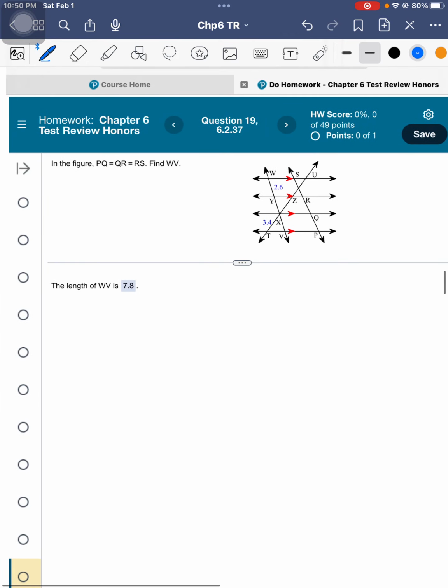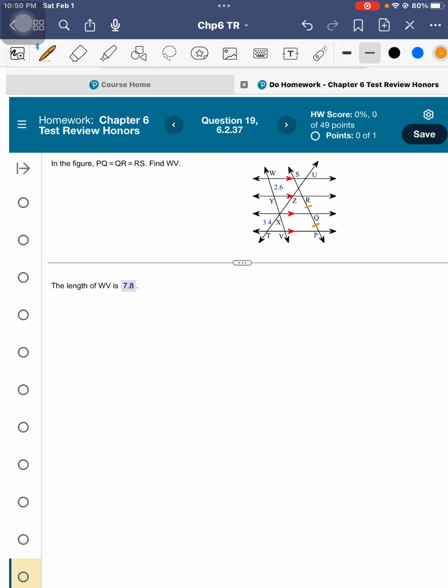Okay, this one looks a little bit more tricky, but let's tackle this like we always do. Let's write down what they give us, and then let's see what we know. PQ is equal to QR is equal to RS.